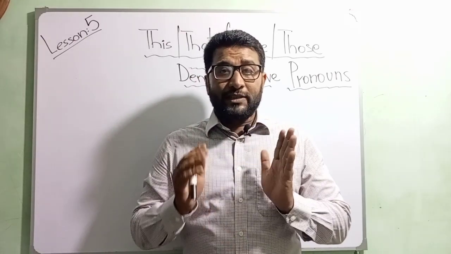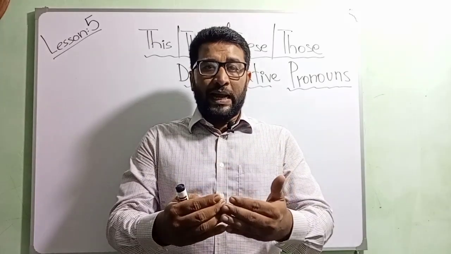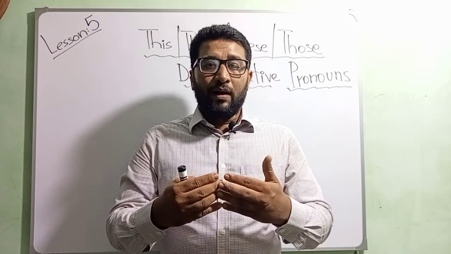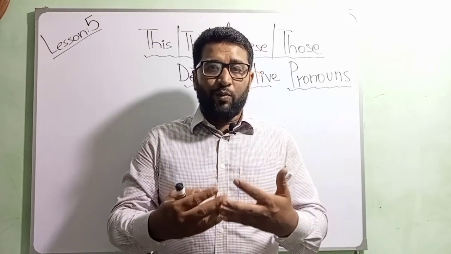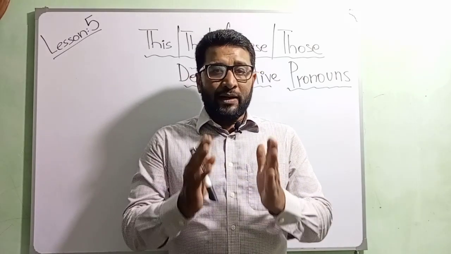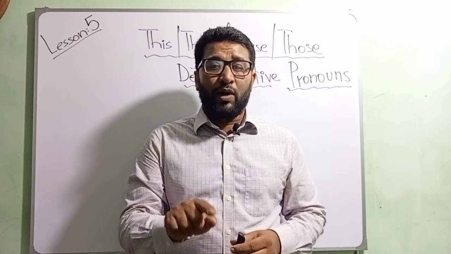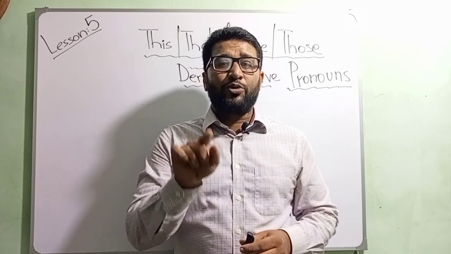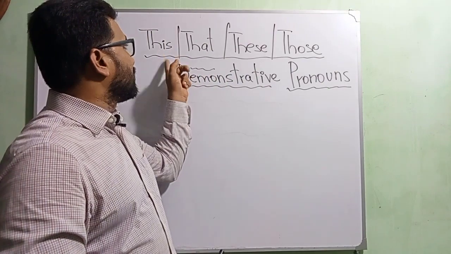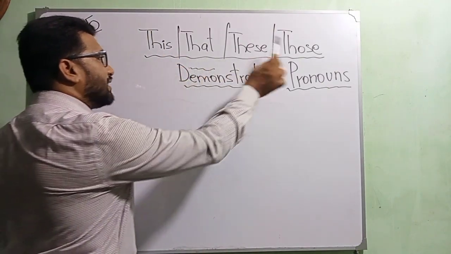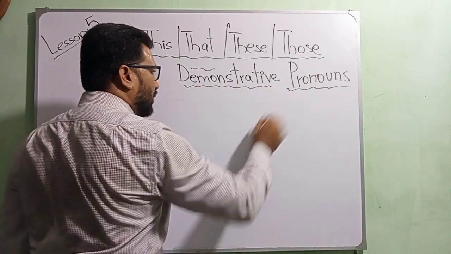So in very simple words, when we point towards a noun and we really want to talk about that particular thing which is present in front of you, and you can see that, and you just want to indicate towards that particular thing, in that case, we always go for using this, that, these, and those.